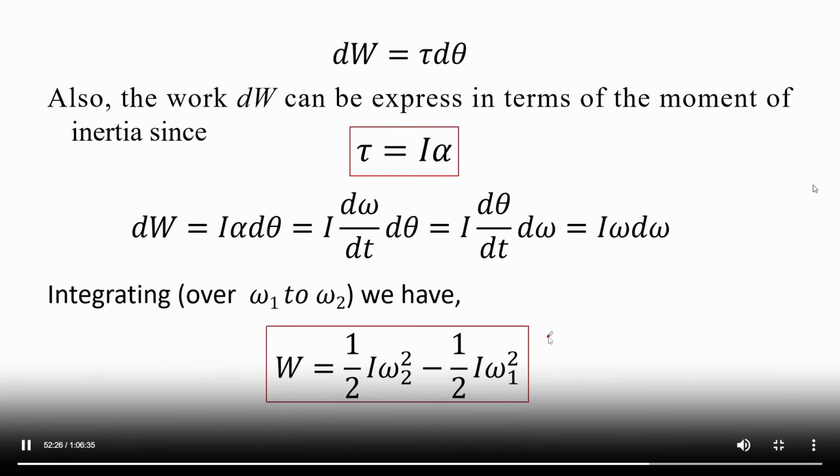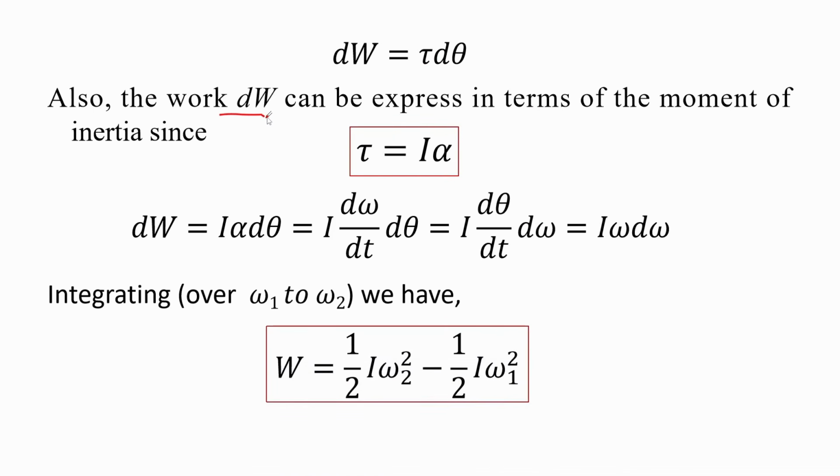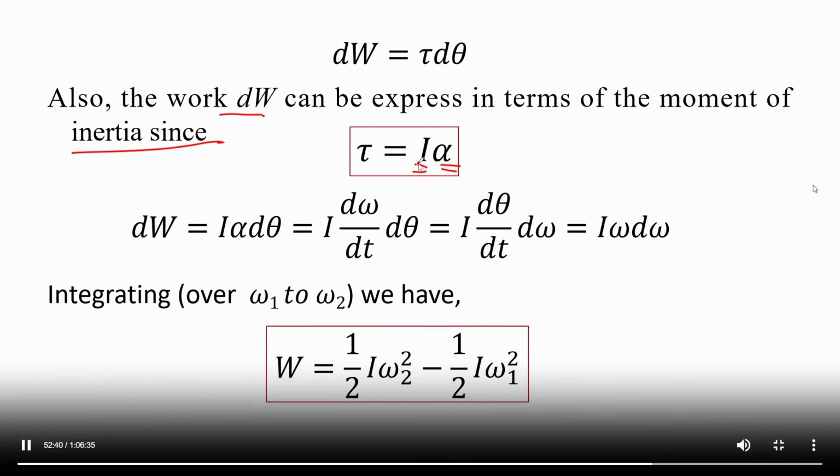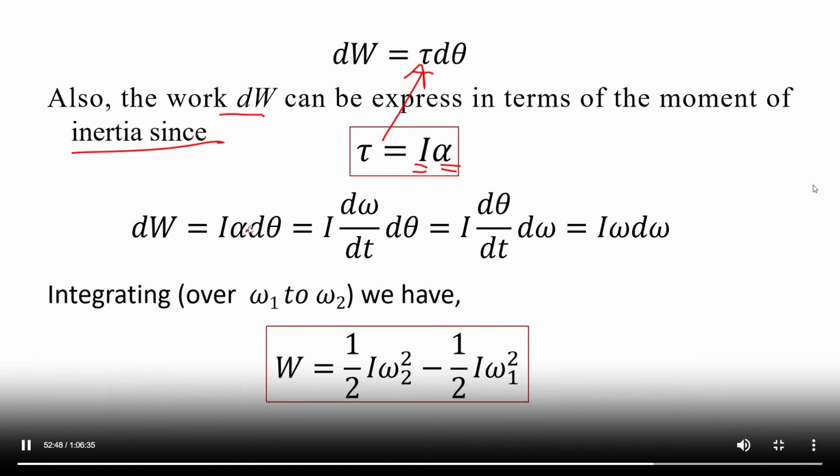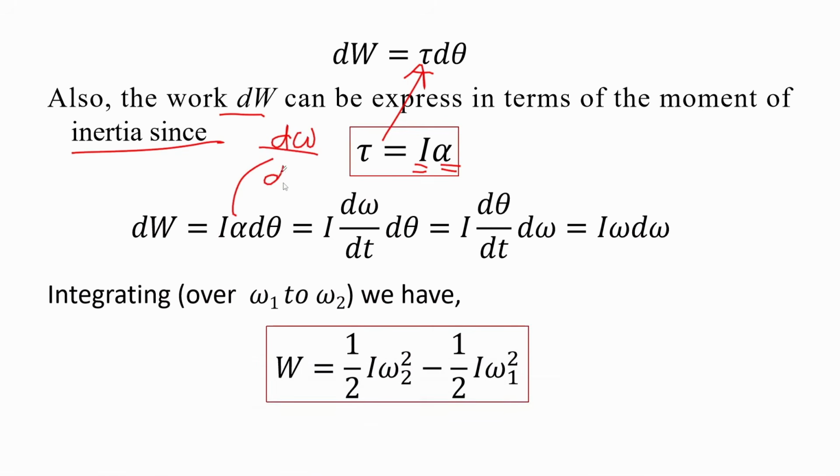Okay, let's go. Also, this small amount of work can be expressed in terms of the moment of inertia, because the torque, remember, is equal to the moment of inertia times the angular acceleration. So substituting this, dW is I alpha d theta, and alpha, if you remember, is just the change in angular velocity over change in time.